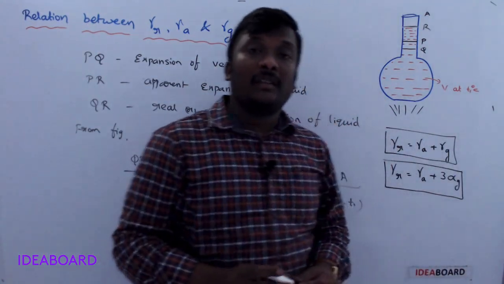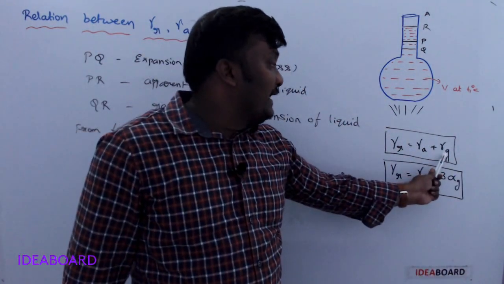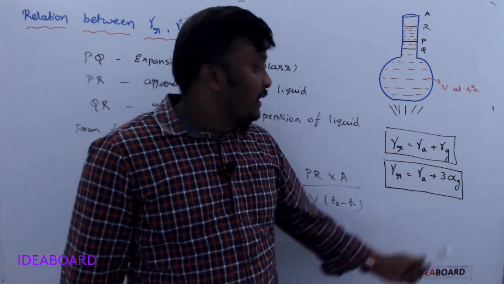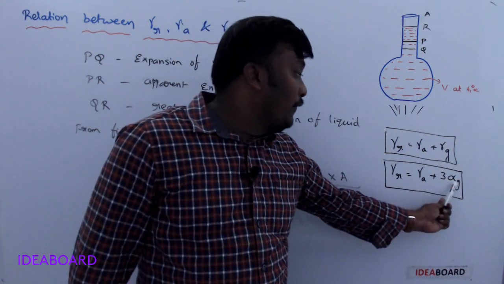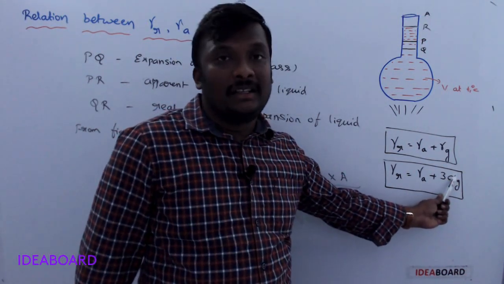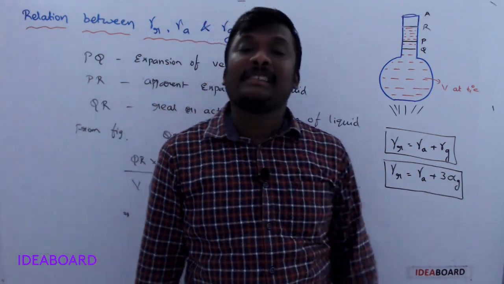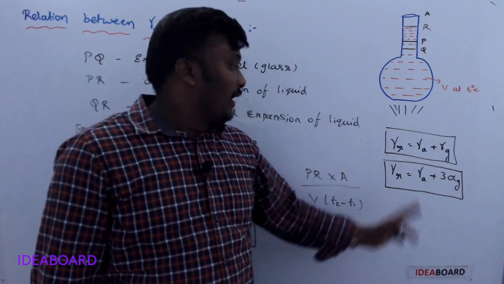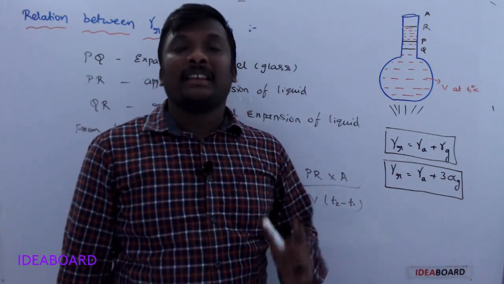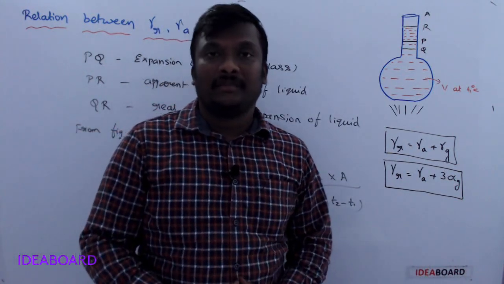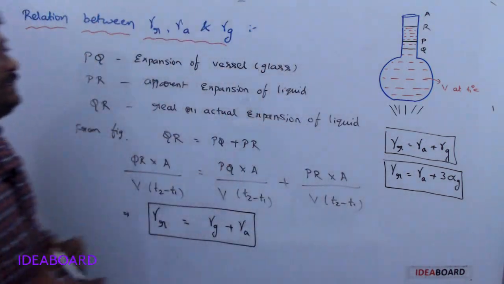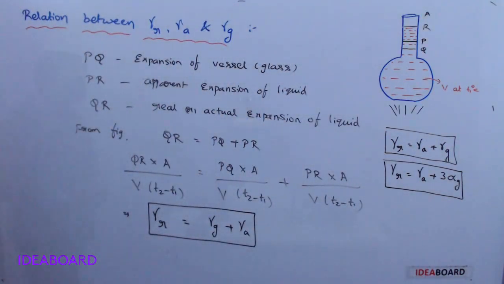So if they give the coefficient of volume expansion of the vessel, use this formula. If they give the coefficient of linear expansion of the vessel, then use this one. So gamma R is equal to gamma A plus gamma G, or gamma R is equal to gamma A plus 3 alpha G. Understand?